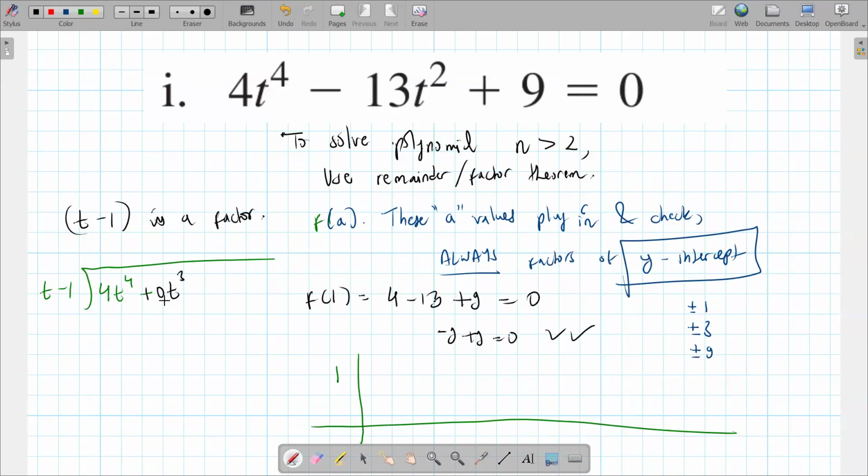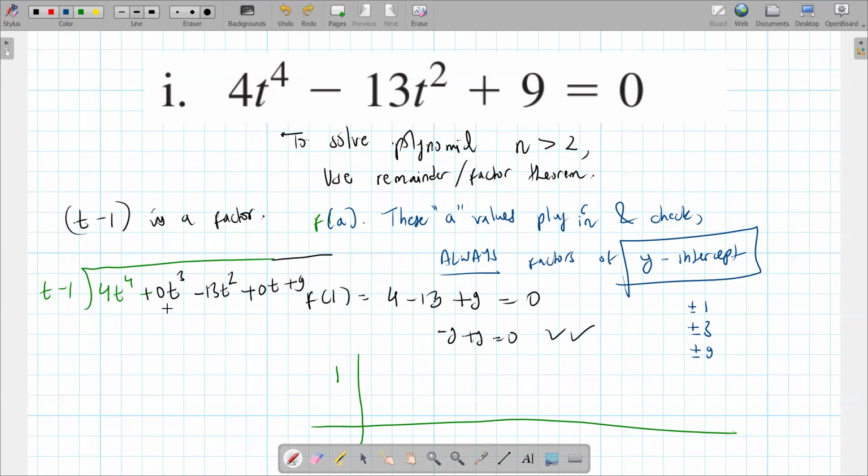Otherwise, the letters don't match up. And then we have t squared, t is also missing, plus 9. The powers, look at this, 4, 3, 2, 1, 0. This has to be the case. Doesn't matter if you're doing polynomial long division or synthetic division, the powers always have to be in descending order. If anything is missing, add that as a 0.